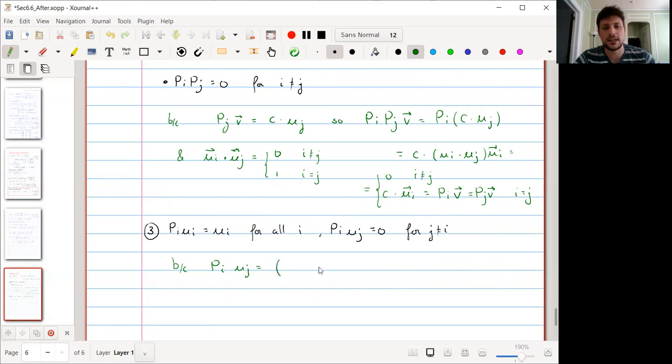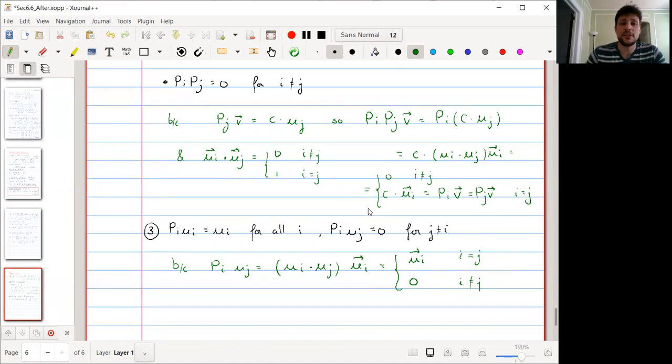If I compute pi times uj, I get ui dot uj in the direction ui, but ui dot uj is 0 or 1. So when i is equal to j, this becomes 1 times ui. And when i is different from j, this becomes ui dot uj, which is 0, times ui. So we get 0 out of that.